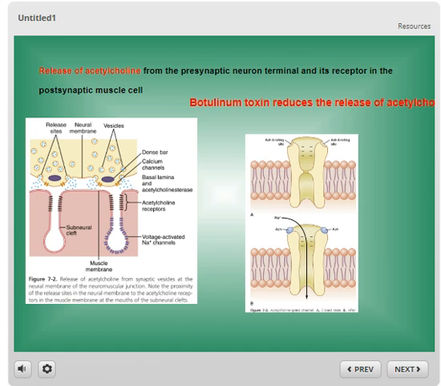Calcium ions enter the neuron, leading to fusion of presynaptic vesicles containing acetylcholine with the presynaptic membrane, and the acetylcholine is released into the synaptic cleft through exocytosis. Acetylcholine diffuses across the synaptic cleft towards the postsynaptic muscle cells.